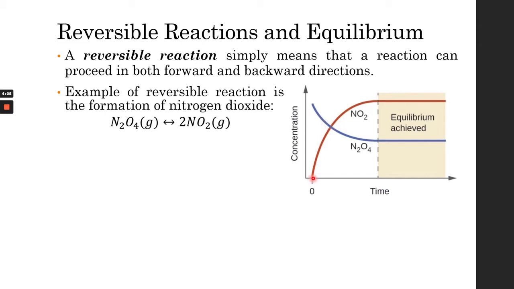At the same time, we are increasing the concentration of our product, because we are creating it from N2O4. We discussed this when we talked about stoichiometry, for example. In this scenario, from 1 mole of our reactant, we are creating 2 moles of product. That's why there's a faster increase of the concentration of NO2 as opposed to the decrease of N2O4.